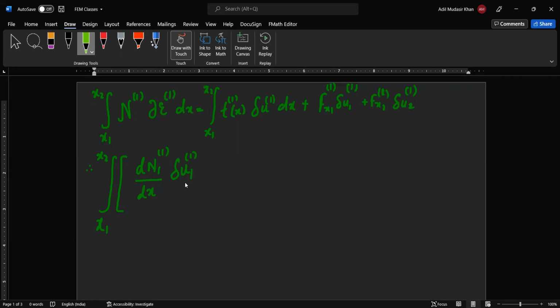This is the nodal value of the displacement function, plus dn2 for element 1 by dx del u2 for element 1, and we have our eta 1 d of x coming out.